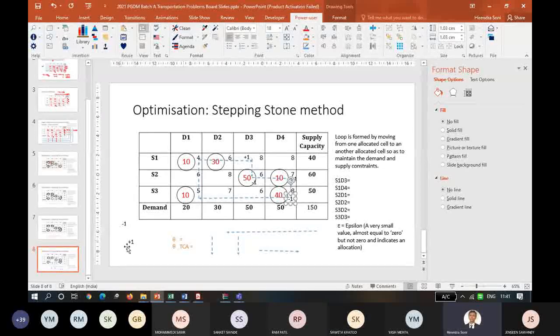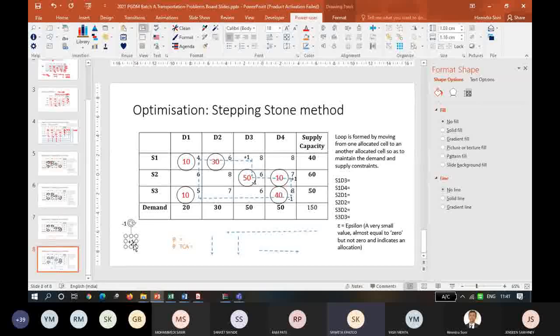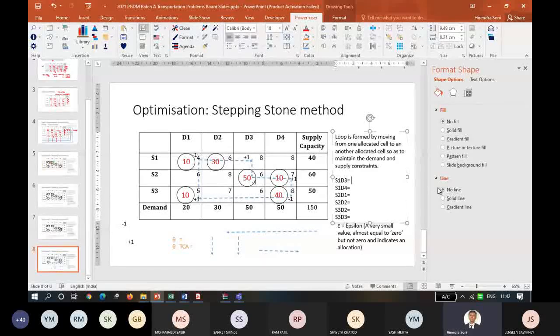Next, S3 D1 +1. After that, next S1 D1 -1. Perfect. All done. So what would be the net effect for S1 D3?